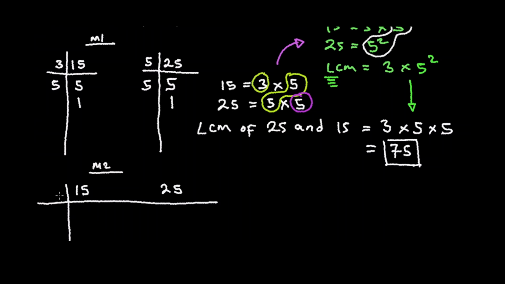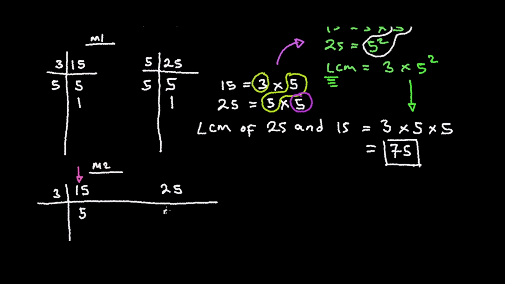For the lowest common multiple, you are going to deal with those numbers independently. So we start by dividing 15, then after dividing 15 we go on to divide 25. But if we meet a number that goes into both 15 and 25, we just apply it to both at once. What am I saying? What we start with when dividing 15, the smallest number that goes into 15 is 3. 3 into 15 is 5.